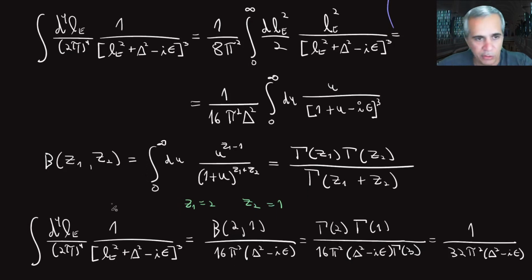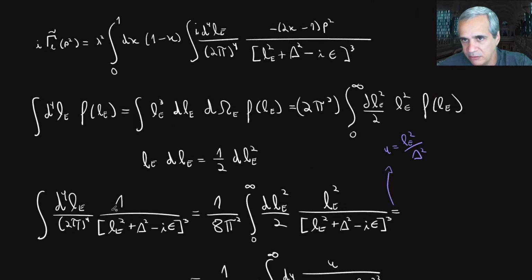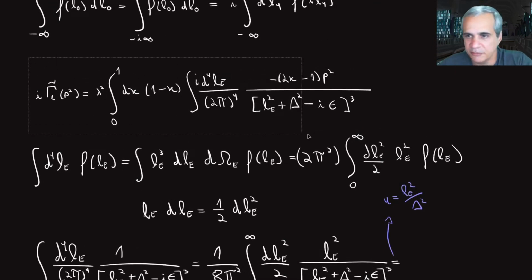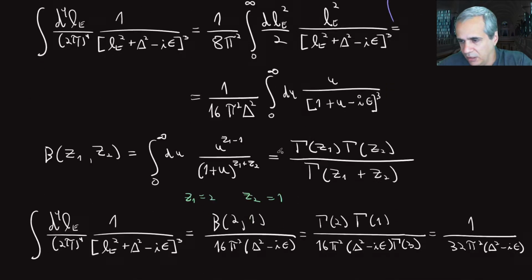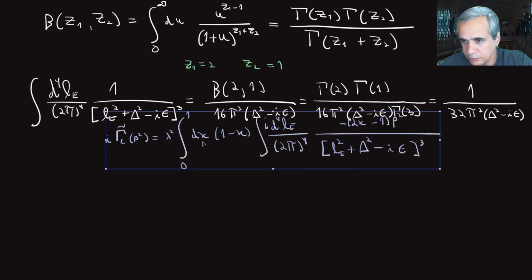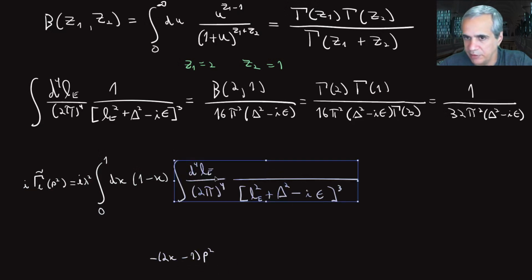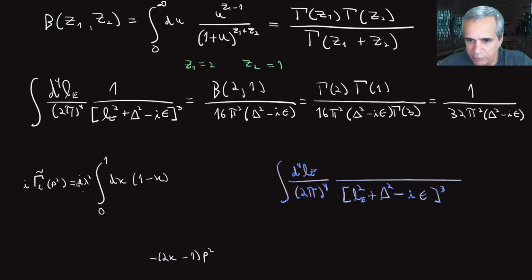Now I want to go back with this in my 4-point function up here. So now let's copy this all the way down here. I put it right here. This I'll bring outside: i lambda squared. This is just independent of the l integral. There's a minus.